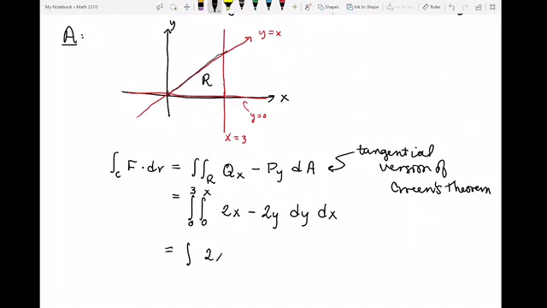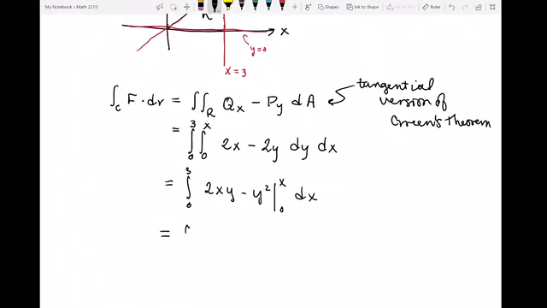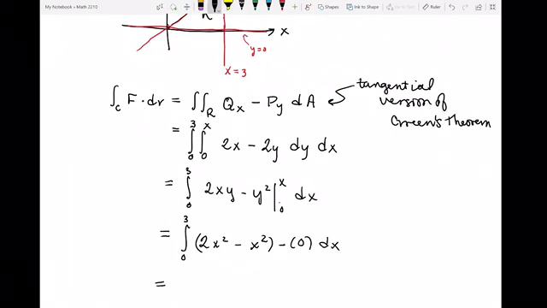So that's going to be 2x times y minus y squared, evaluated from 0 to x. Then we take the x integral from 0 to 3. Putting in these bounds, I get 2x squared minus x squared minus 0, integrating with respect to x. Now this simplifies to x squared.